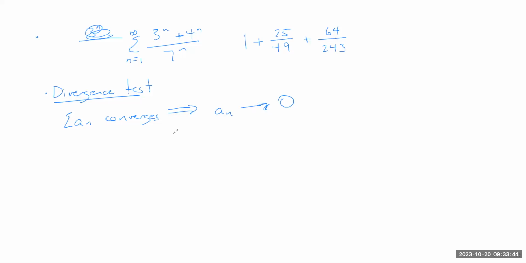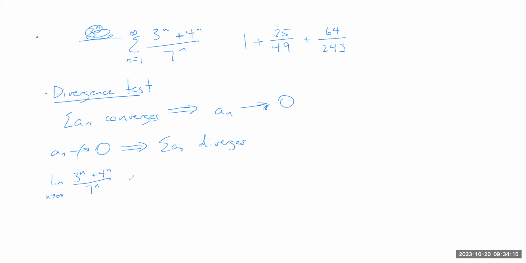If the sequence does not go to 0, then the series diverges. So one thing we could do is make sure that this limit goes to 0, because if it doesn't, then we really don't need to go any further.